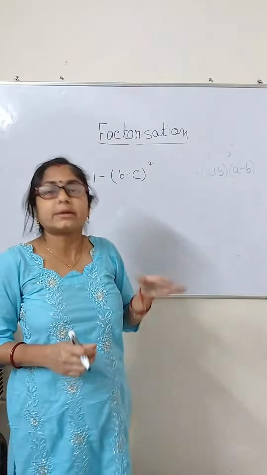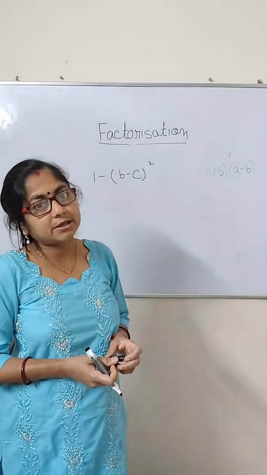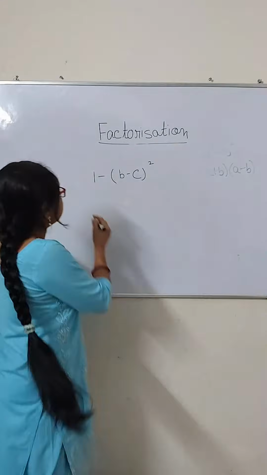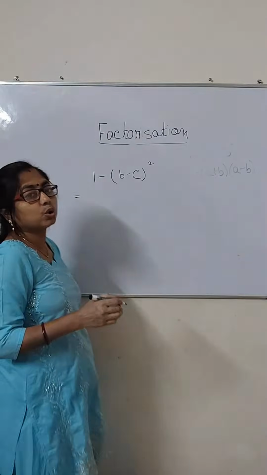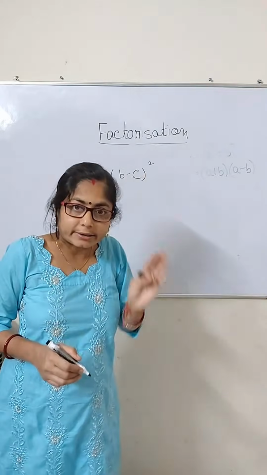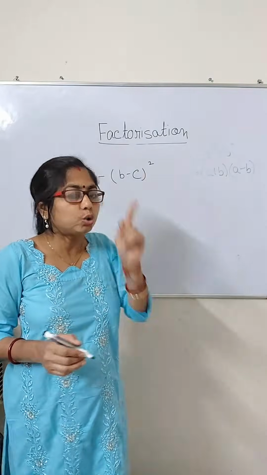So a square minus b square goes by the formula a plus b into a minus b. But one thing I tell: there is a minus sign, and inside there is a minus sign. So I tell every kid, do this step.